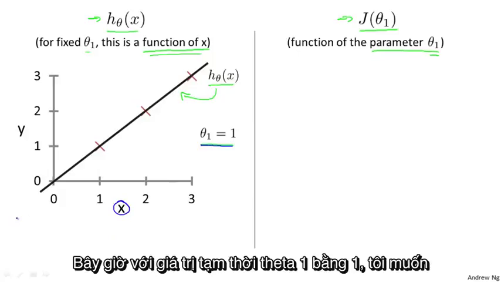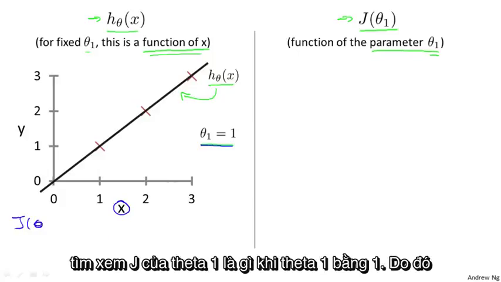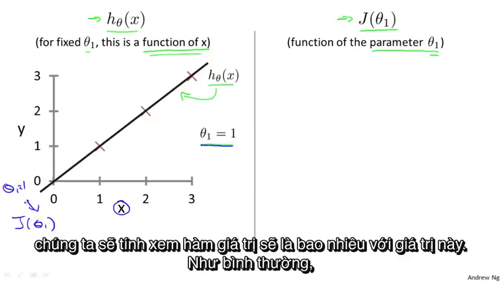What I want to do is figure out what is J of theta 1 when theta 1 equals 1. So let's go ahead and compute what the cost function is for the value 1.